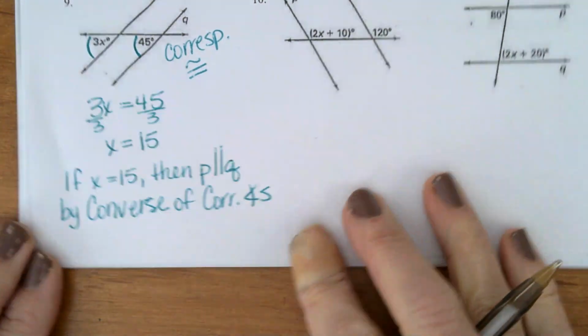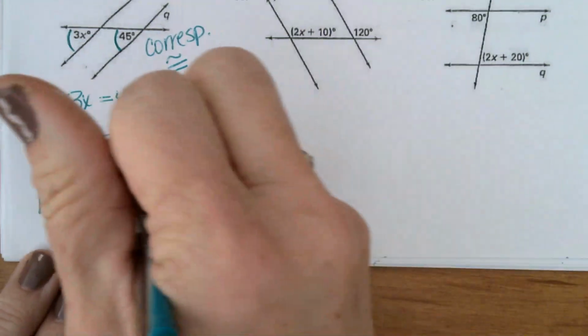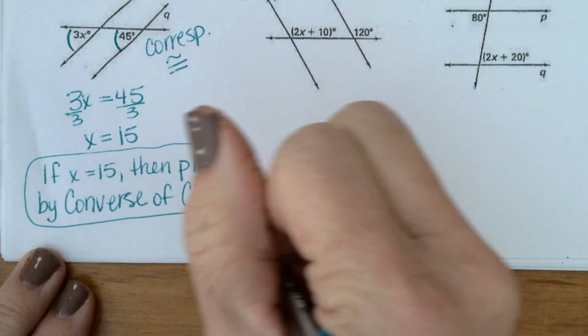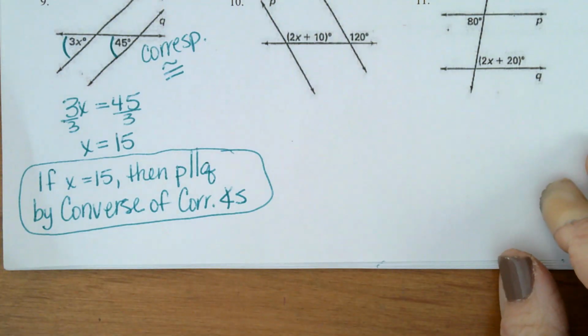Look at that long sentence of an answer. That right here is the answer. So if blank, then blank by blank.